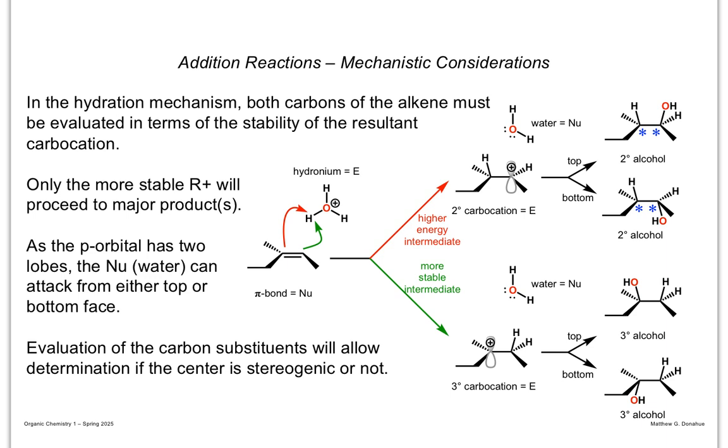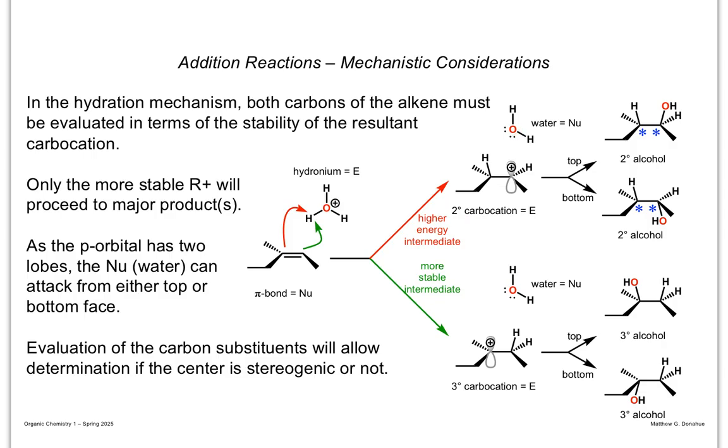Remember that a carbocation, the plus charge, resides in a p orbital that has two lobes. The nucleophile can attack from the top or the bottom lobe. So that's the stereochemical issue, if there is one. If you went and protonated the other carbon, you generate the less stable carbocation.